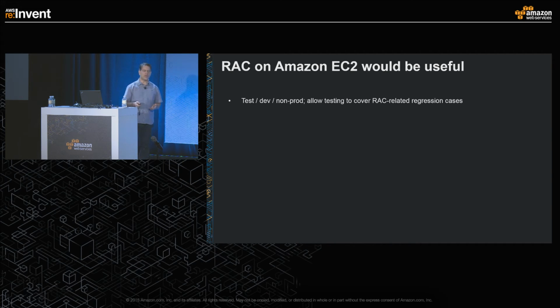One good reason that you would want developers to have access to RAC is if they're developing software against Oracle that's ultimately going to run in production on Oracle RAC.